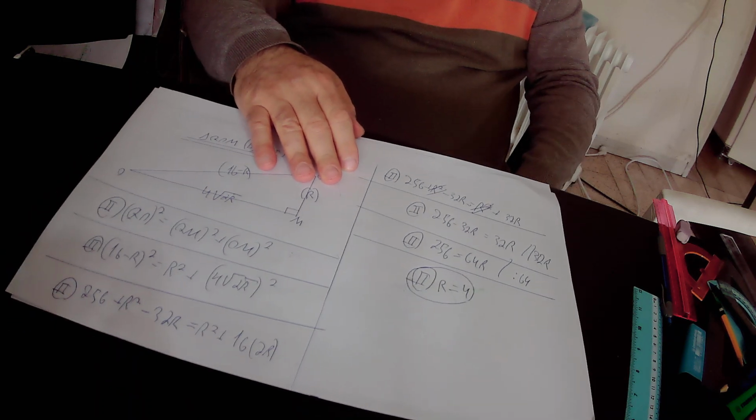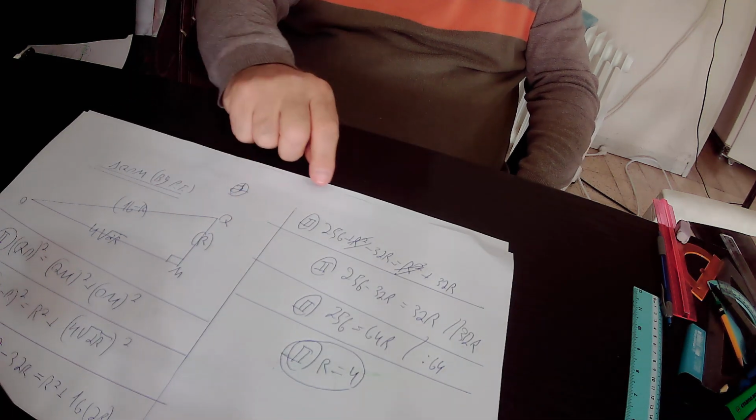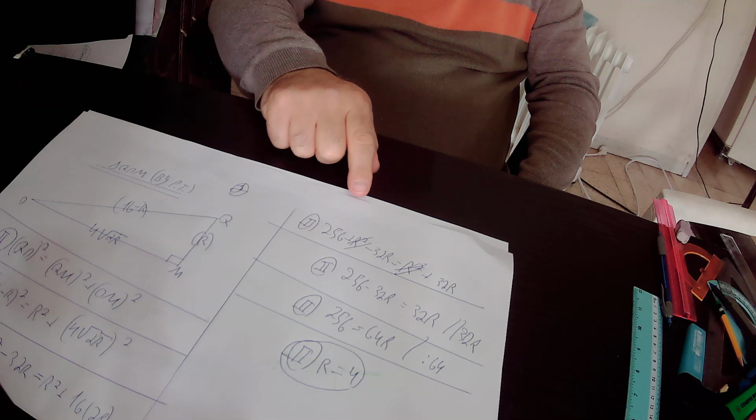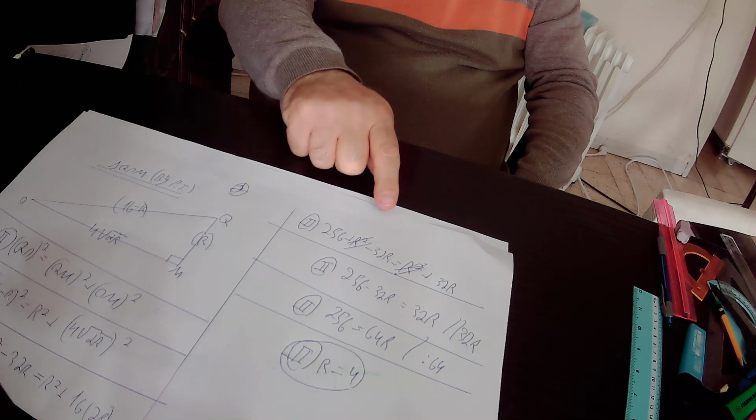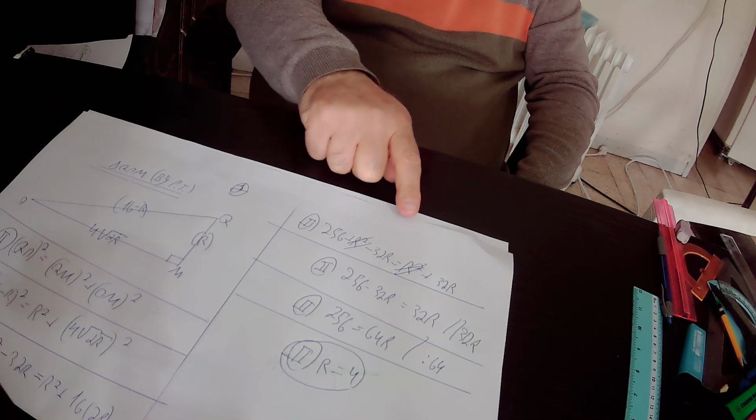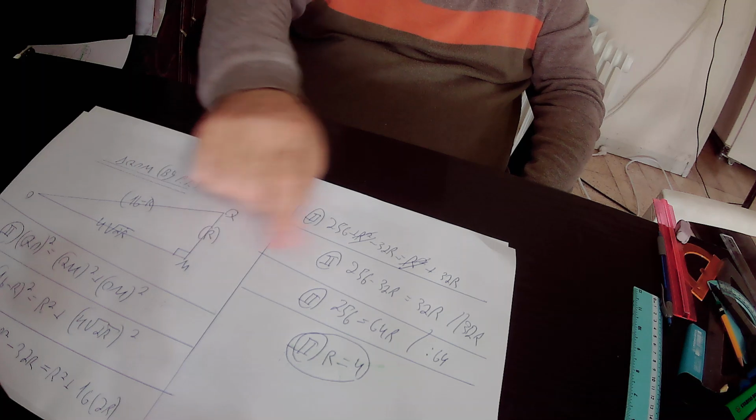So according to equation 2, 256 plus R square minus 32R equals R square plus 16 times 2R.